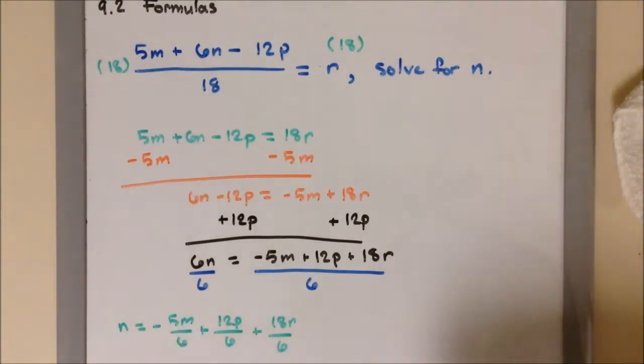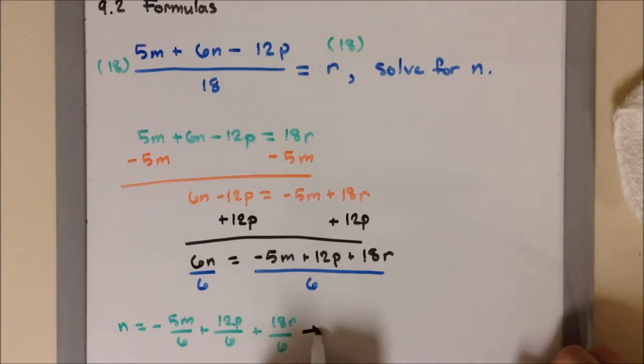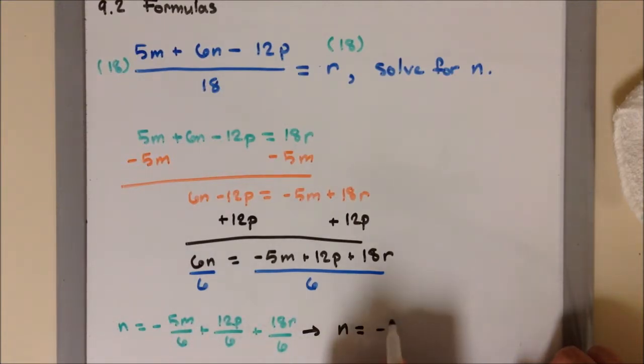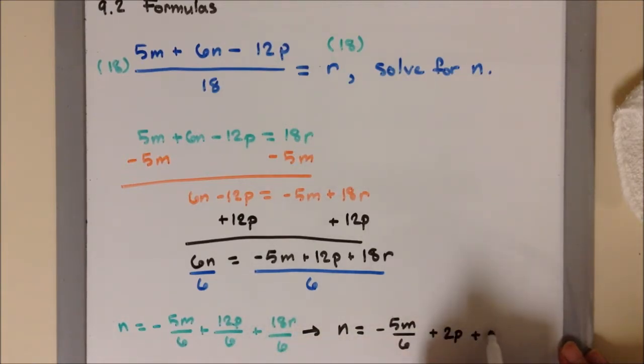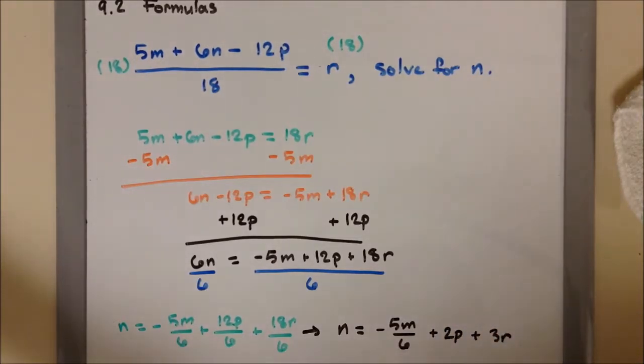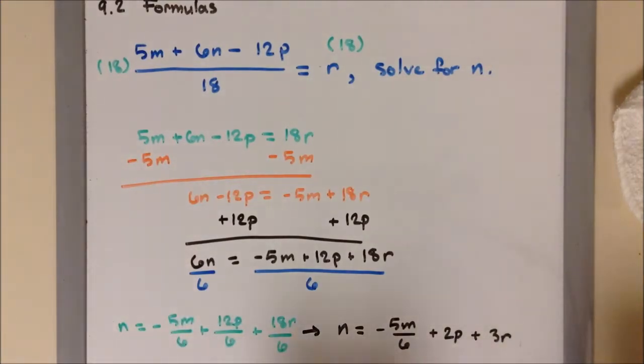So what we're going to have is n equal, now I cannot simplify negative 5m over 6, so it stays the same, negative 5m over 6, and then positive 12p divided by 6, that will just be 2p, and then positive 18r over 6 will be positive or plus 3r. So that's all I can do to simplify, and that will be my final answer.